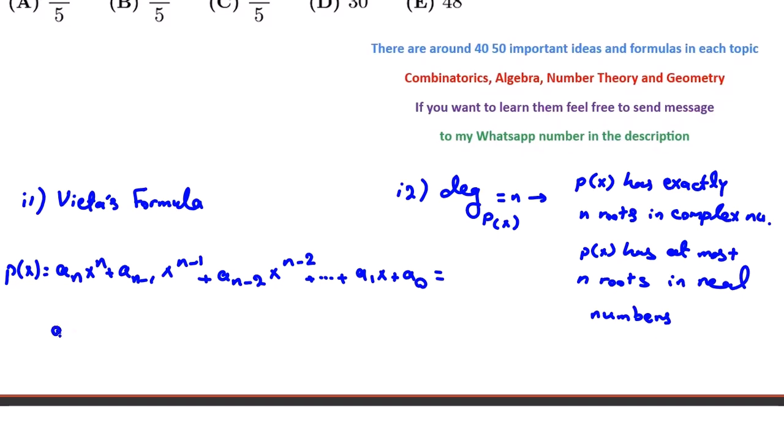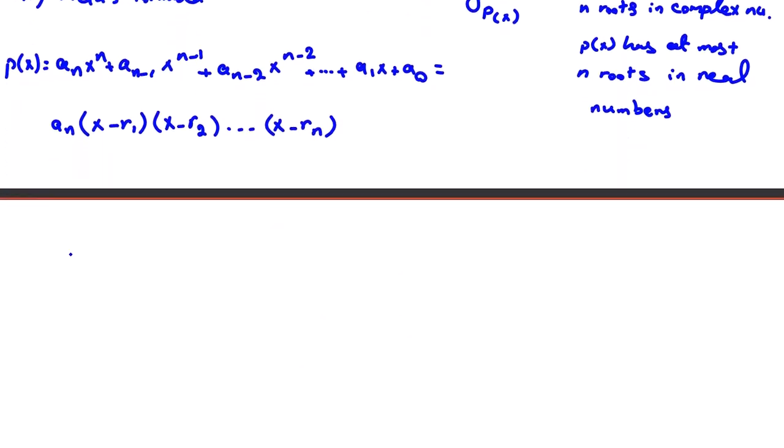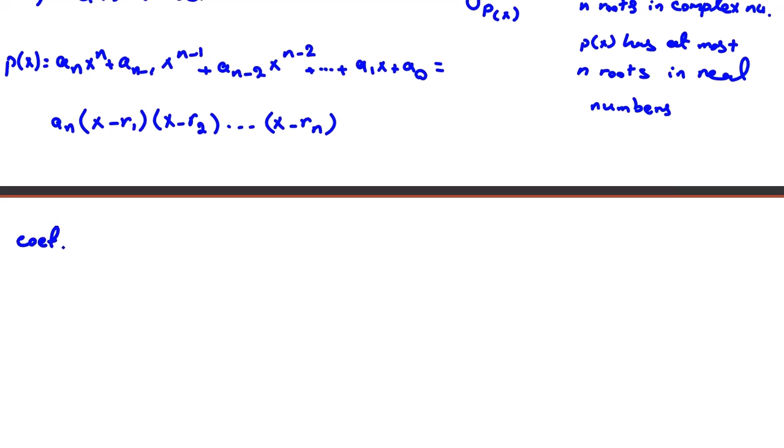It means you can write it as a_n, for example, suppose the roots are r1 to rn, times (x minus r1)(x minus r2) up to (x minus rn). Now, if we consider the coefficient of x^n, this side is a_n. On this side, again, it is a_n. So it's okay.